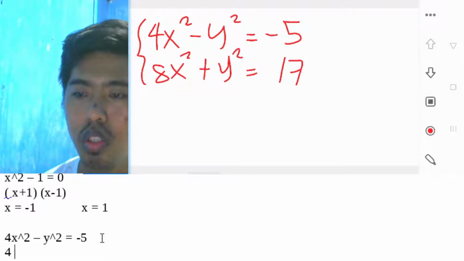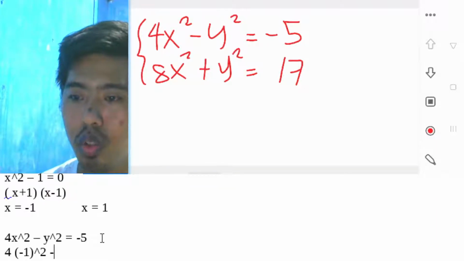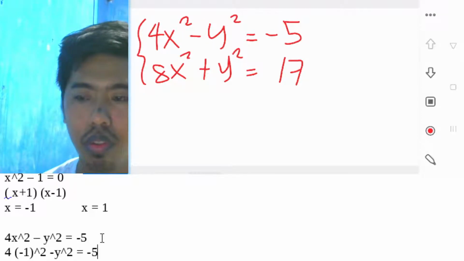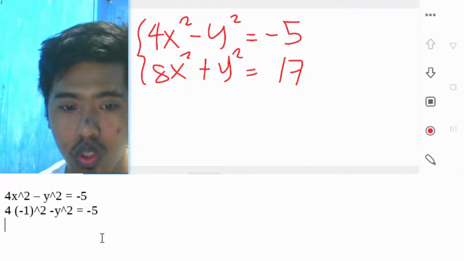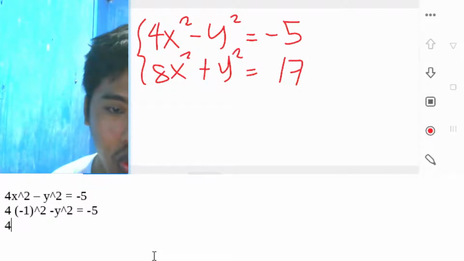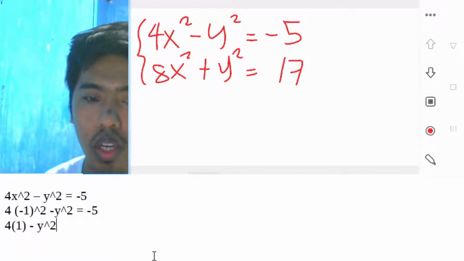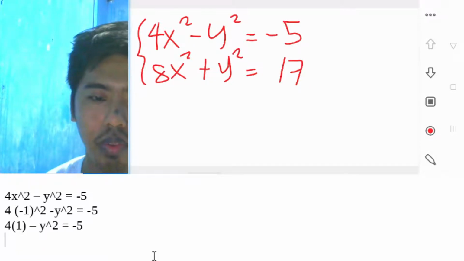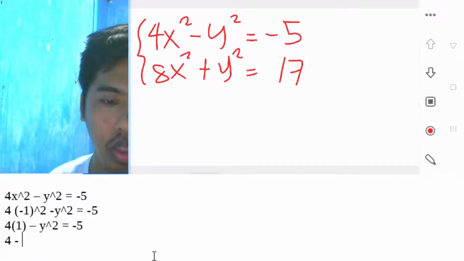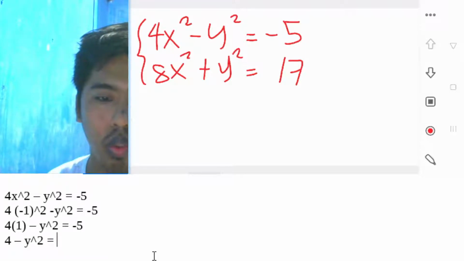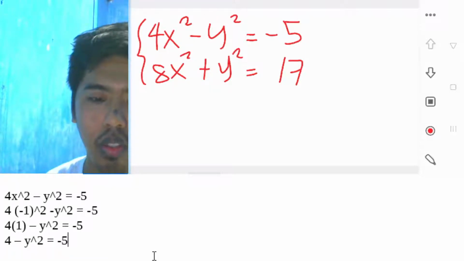So 4 times negative 1 squared minus y squared equals negative 5. 4 minus y squared equal to negative 5.